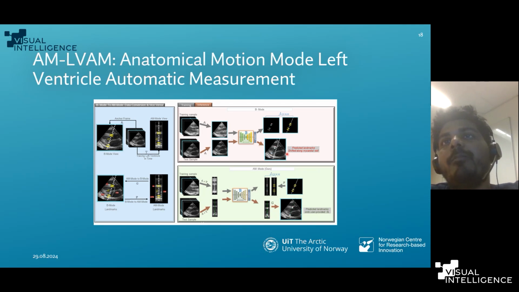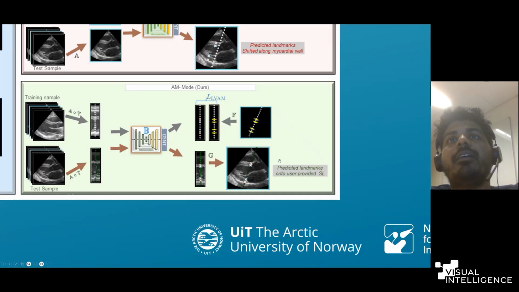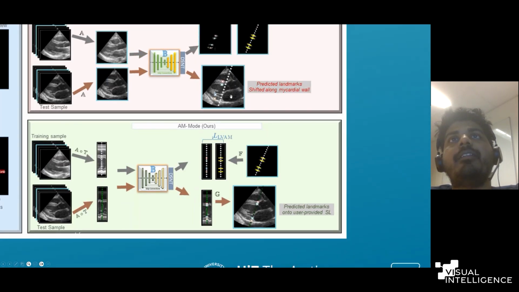And whenever we predict the landmarks, as we see in this figure, the B mode gives us imprecise landmark placement, and for the same image, if we constrain the landmark prediction using AMMs, then we get the landmarks along the given scan line.